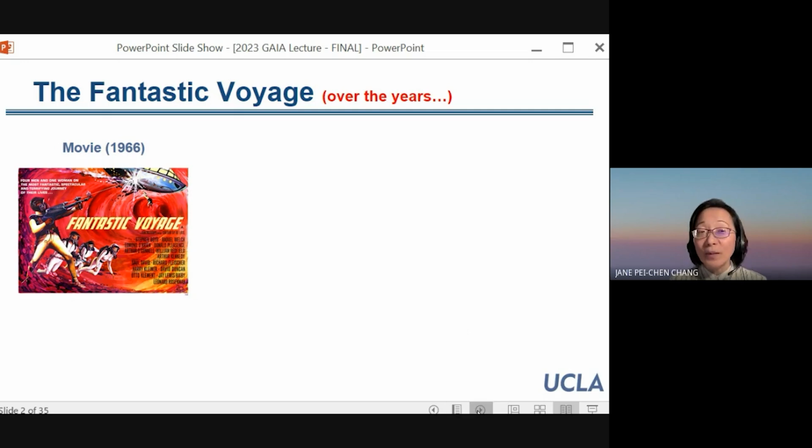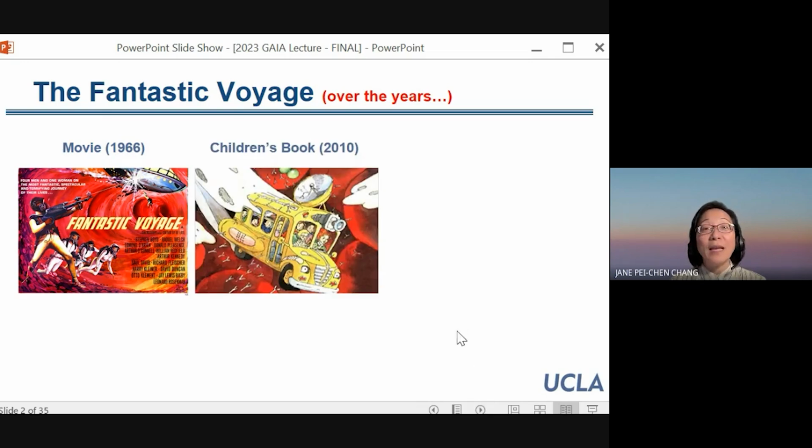While I did not know about that movie, I do know about a children's book in 2010. This is a book that I read with my children, and it is one of many in the book series of the Magic School Bus. I don't know if some of you have seen this book series. It talks about a science teacher who takes his class on this Magic School Bus onto many adventures.